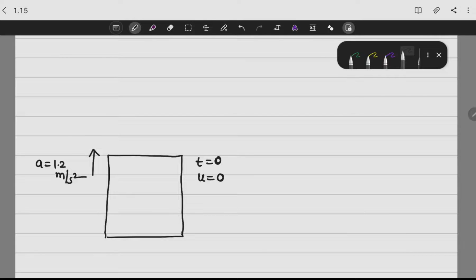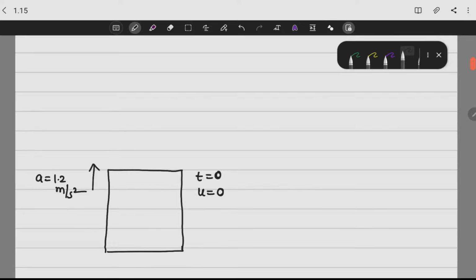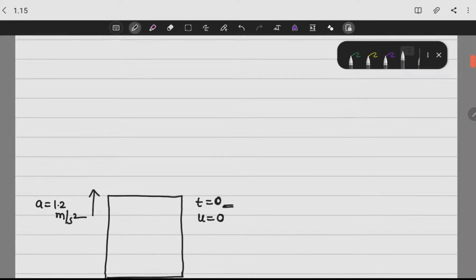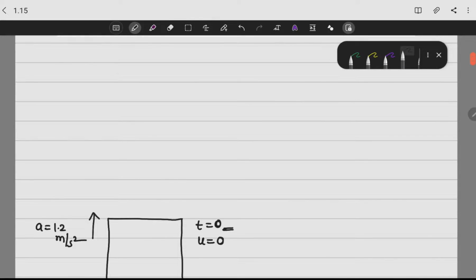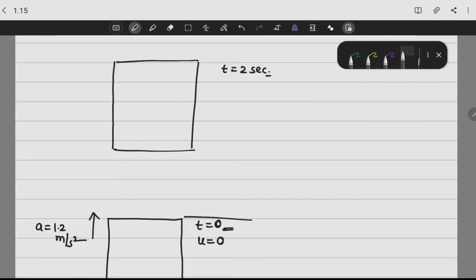This is the condition at t is equal to 0 seconds. At t is equal to 2 seconds, the car will move by a certain distance and it will gain some velocity v.